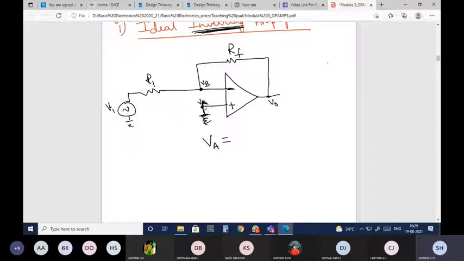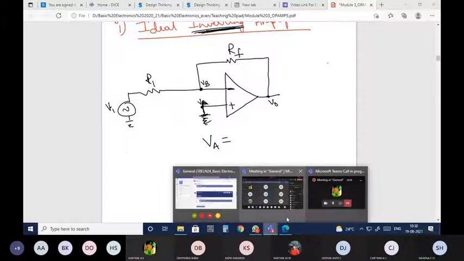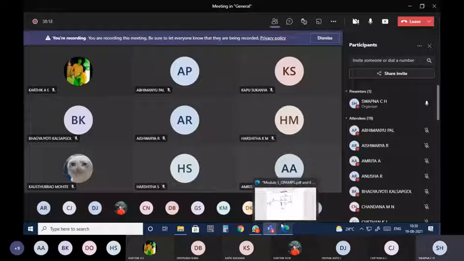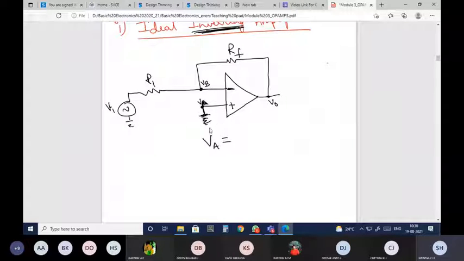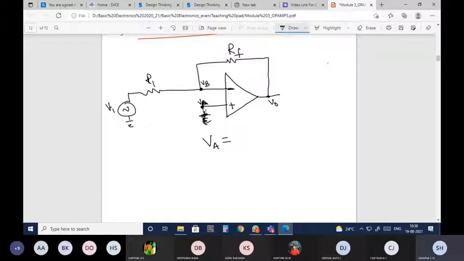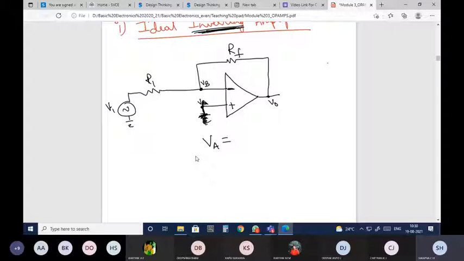Grounded means what will be the voltage here? Isn't it 0 volts?